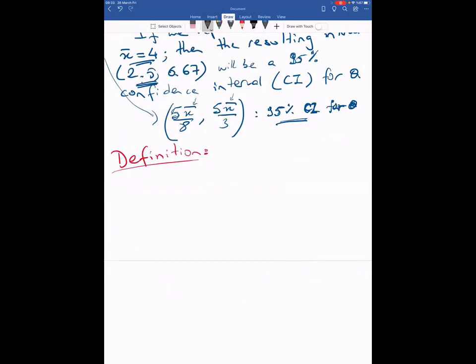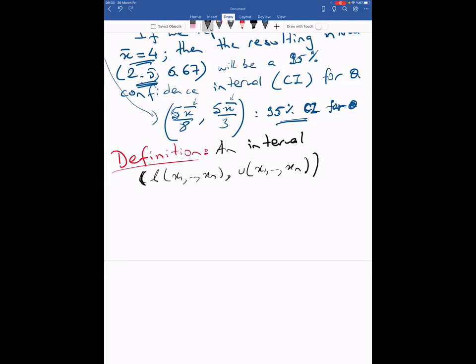Okay, so an interval, L(x1 to xn), U(x1 to xn). Here we are using lowercase letters, not random variables.